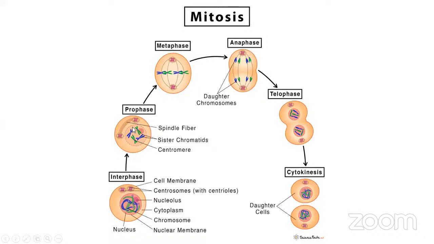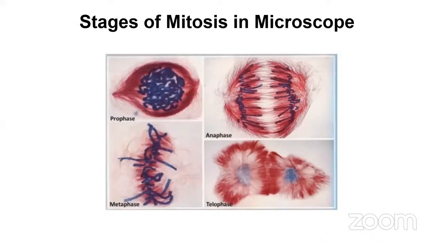The nuclear membrane disintegrates here. Then in metaphase, the chromosomes are aligned on the metaphasic plate. Then in anaphase, the chromosomes start to move towards opposite poles. In telophase, the chromosome separation has been completed. So these are some of the salient features of each stage of mitosis.